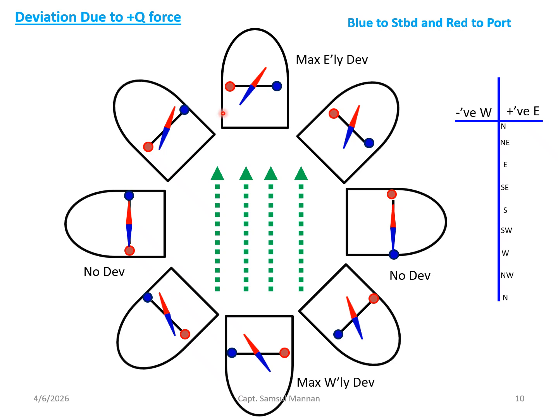And if we take these values and put them in this graph, we'll get a graph that looks like a cosine curve, right? So that's why we can say that the deviation due to Q force will follow a cosine curve, right?